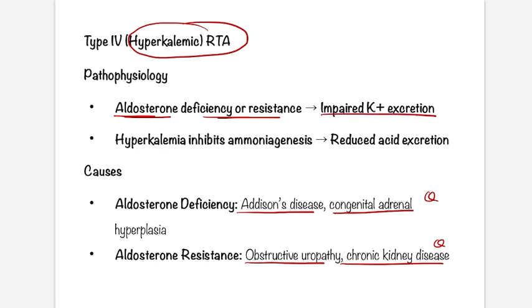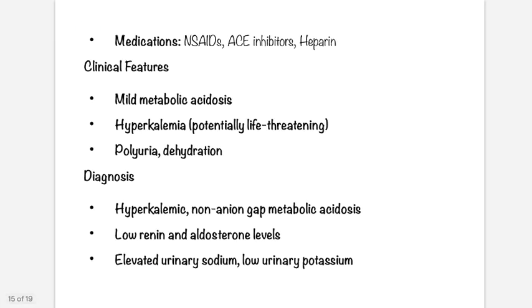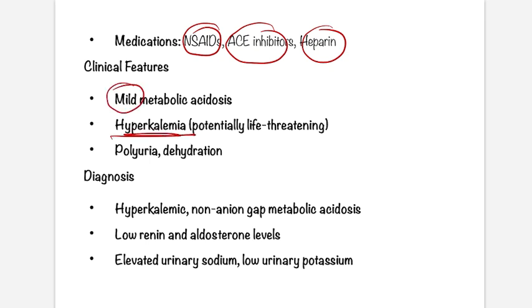If potassium excretion is impaired, hyperkalemia, which is generally life-threatening, inhibits ammoniagenesis and reduces acid excretion. Many medications like NSAIDs, ACE inhibitors, and heparin produce this type 4 RTA. Metabolic acidosis will be mild, but hyperkalemia, again, we are emphasizing again and again.